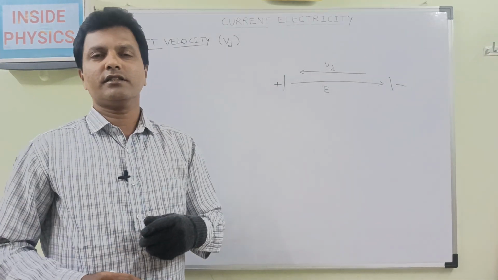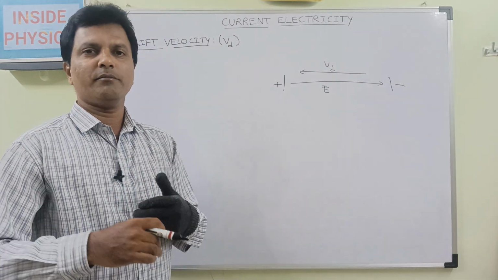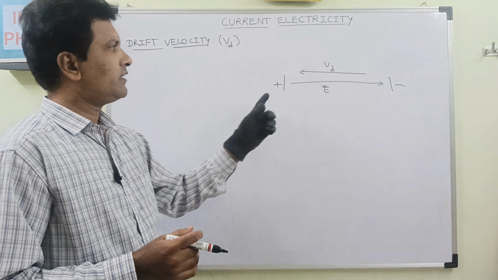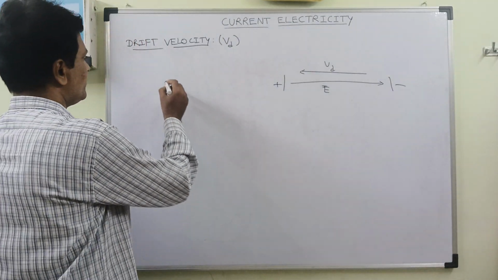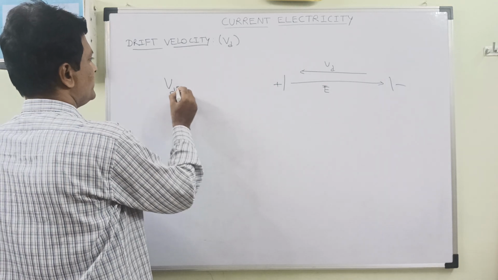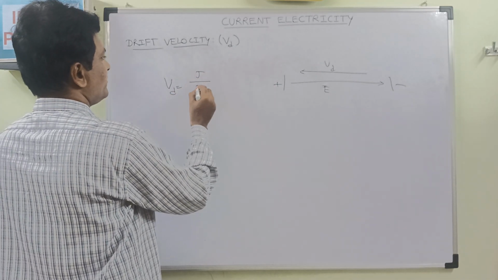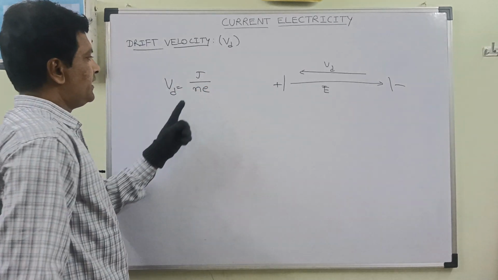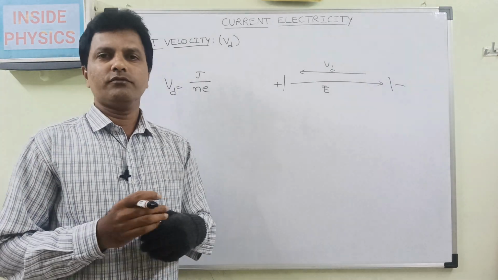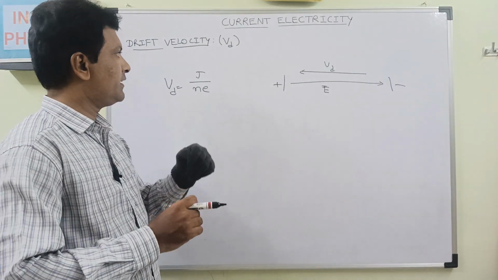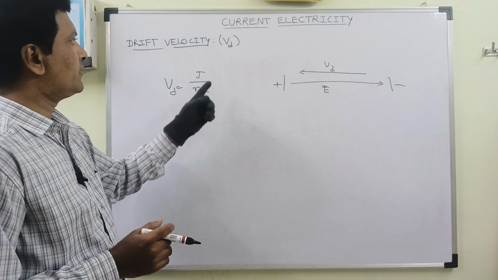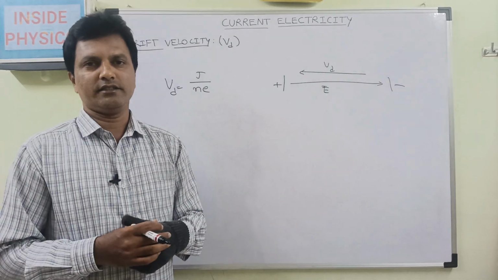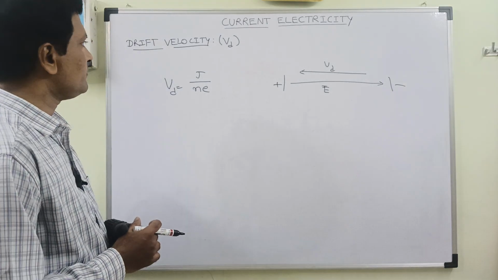Here the drift velocity is the average velocity acquired by the charged particles when the conductor is put in the electric field. We can represent drift velocity as J by Ne, where n is the number of charge carriers per unit volume, e is the charge of electron, J is current density.